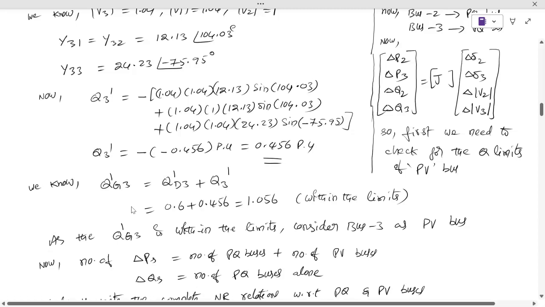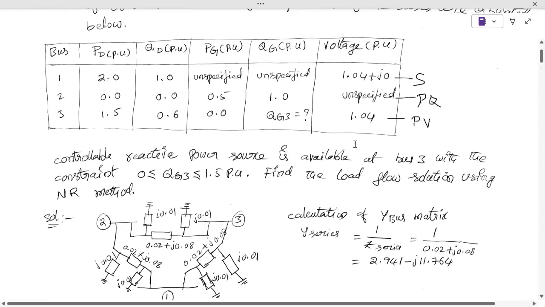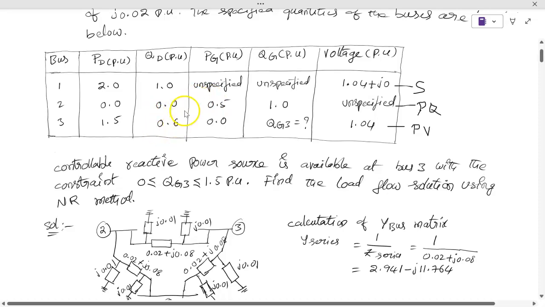Now actually, as per the question, we need to calculate the generation QG3^(1), the third bus generation after the end of the first iteration. So whatever value we have calculated after the first iteration must be added to the demand given in the problem. The demand QD3 value is 0.6.